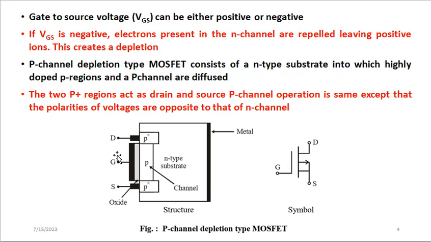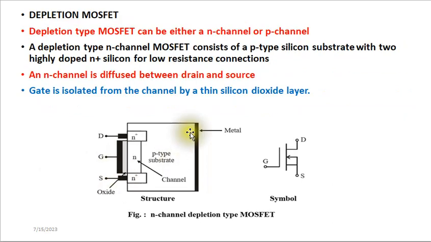There is depletion type where we have an existing channel, and there is enhancement type, which we are going to see, and it is the one that doesn't have an existing physical channel. We create it through an enhancement process. But the depletion type can be operated in two modes, either in enhancement mode or in depletion mode. Let us briefly look at how we can operate this N channel in enhancement mode.